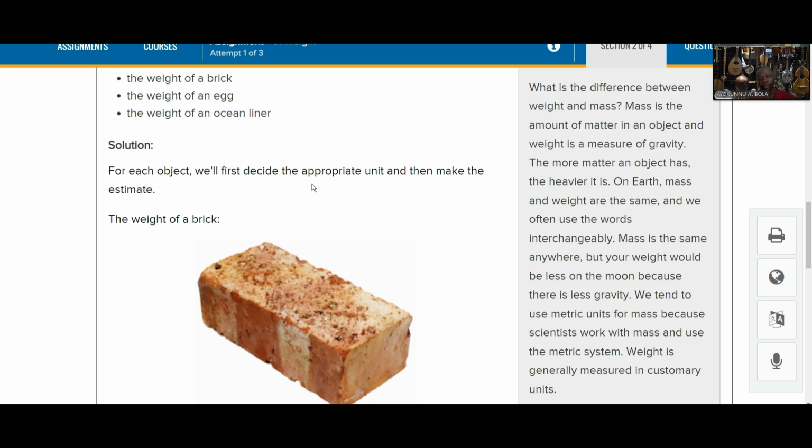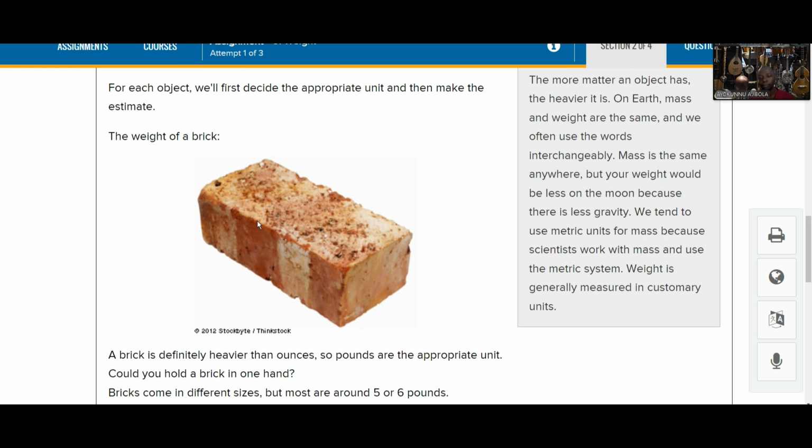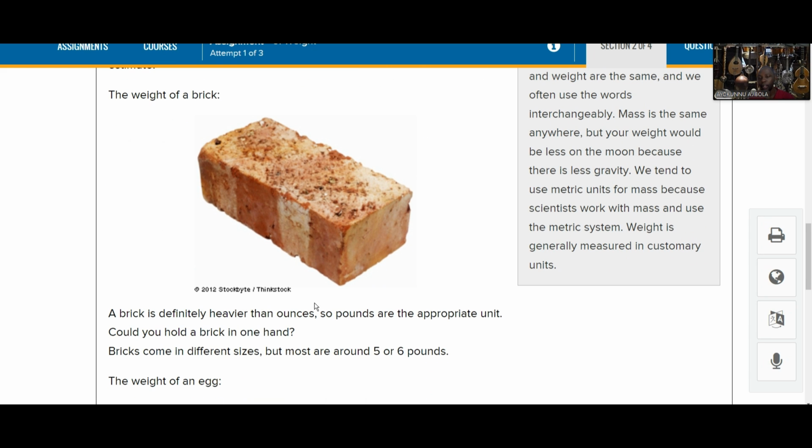For each object, we first decide the appropriate unit and then make the estimate. The weight of a brick. A brick is definitely heavier than ounces, so pounds are the appropriate unit. Could you hold a brick in one hand? Bricks come in different sizes, but most are about 5 to 6 pounds. Okay?